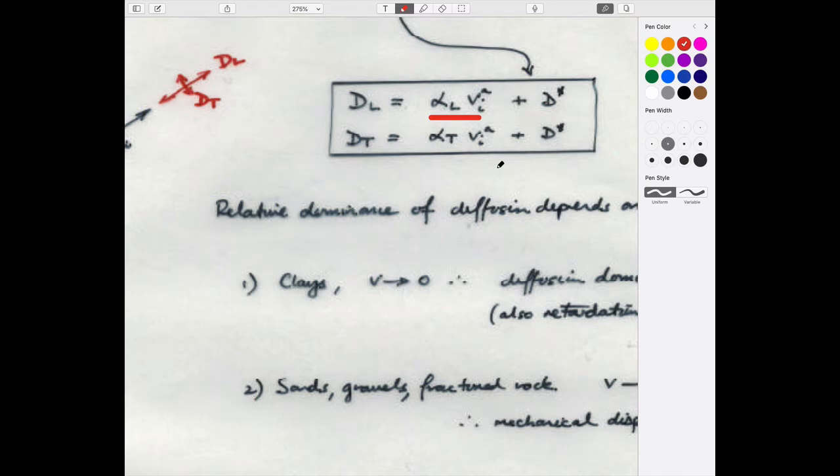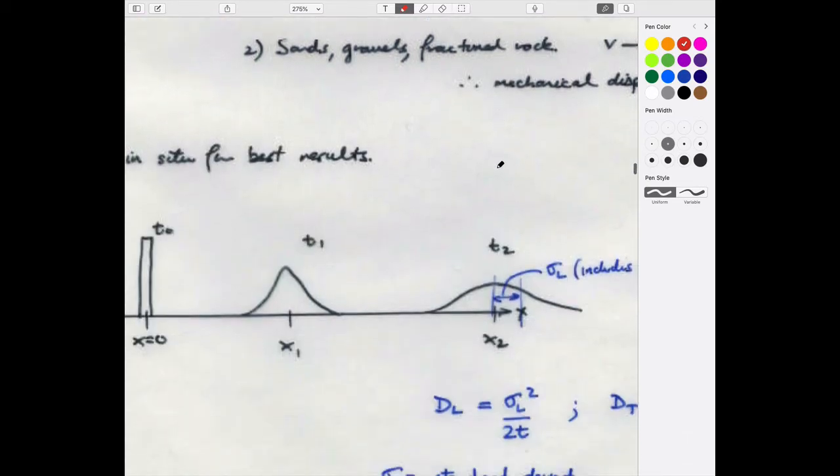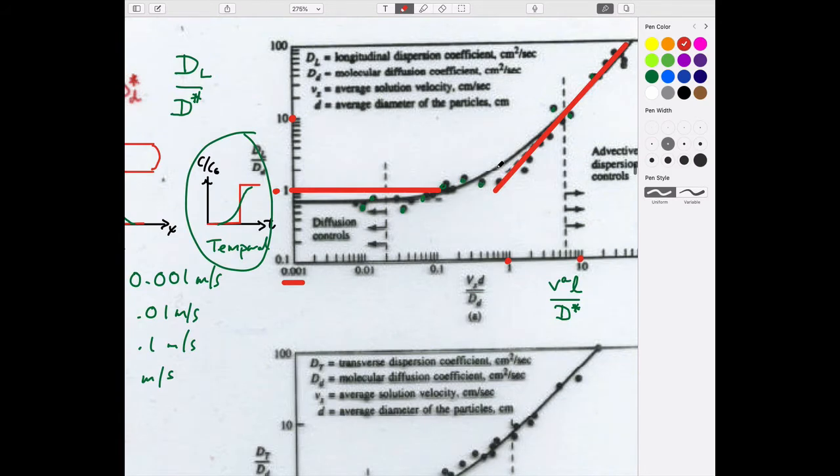Doing an experiment, plotting the data in an interesting way as a function of normalizing it with the diffusion coefficient and looking at the effective dispersion that you measure in the sample, plotting these individual points, and then figuring out exactly what the equation is that fits through that line. And actually the equation that fits through that line is exactly this, right?